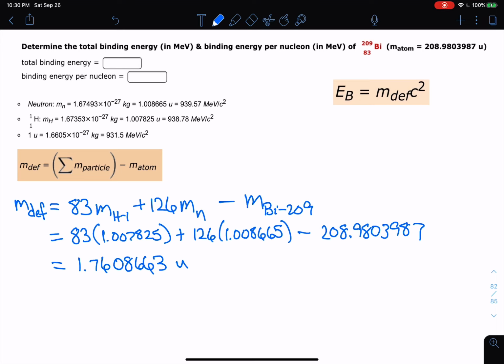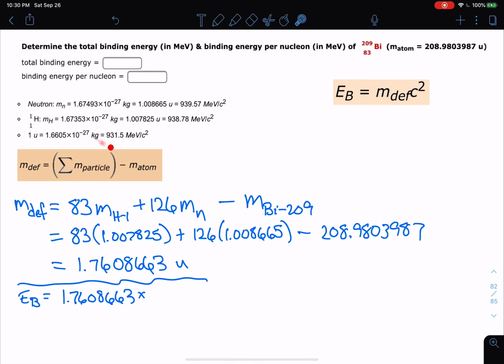To do that, we've got E_B equals mc squared. My mass defect is 1.7608663, and I'm going to convert it into mega electron volts per c squared.